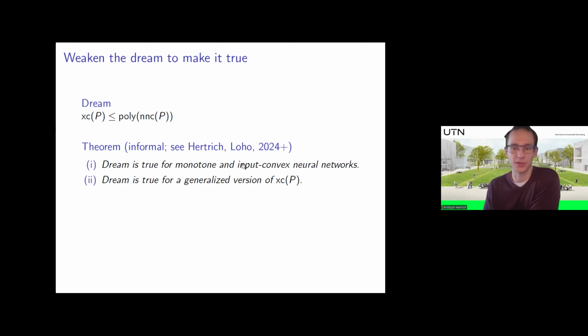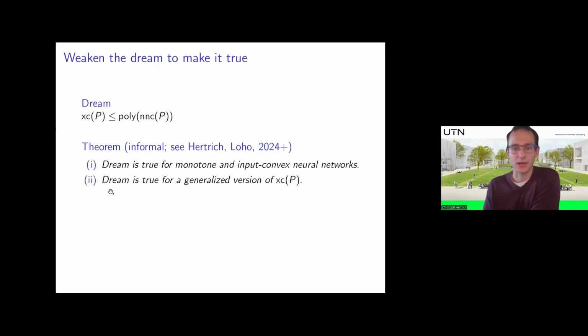These are neural networks where you say that either all or some weights need to be non-negative, which makes sense in some applications where you want to enforce the function of your neural network to be convex or something like that. And in this case, the dream is true, and you can actually transfer extension complexity results to neural networks.